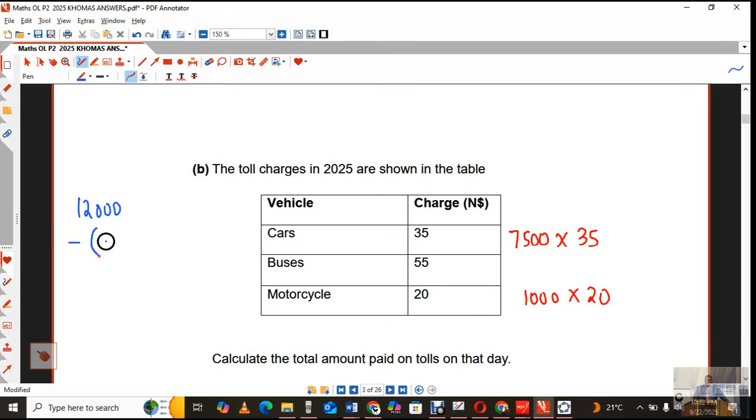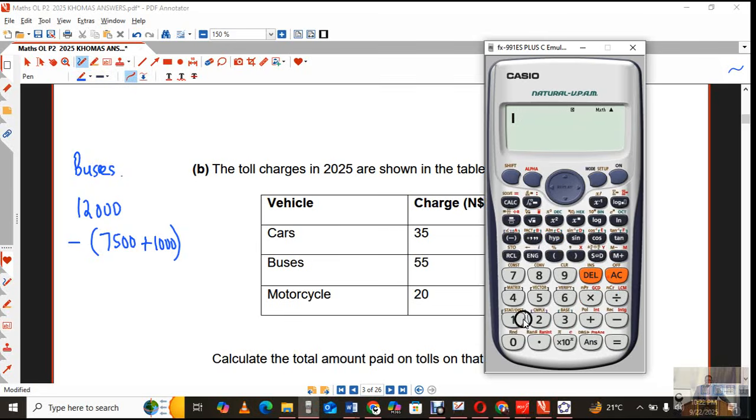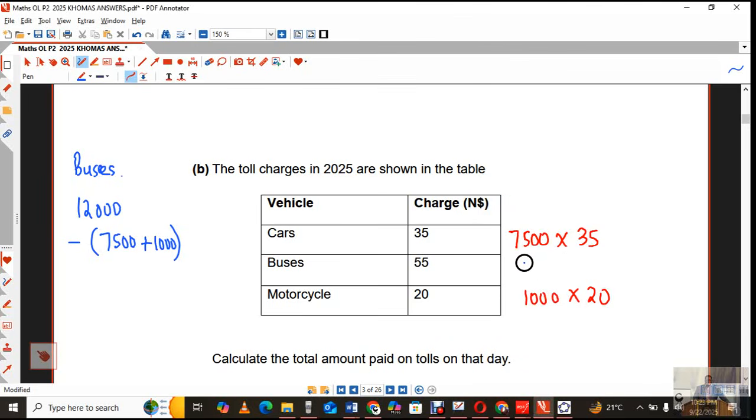So if you subtract the 7,500 plus the 1,000, that should give you the buses that pass through. So the 12,000 minus 7,500 minus 1,000 tells you 3,500 was just the buses, and you multiply that by 55 because that was the charge each.